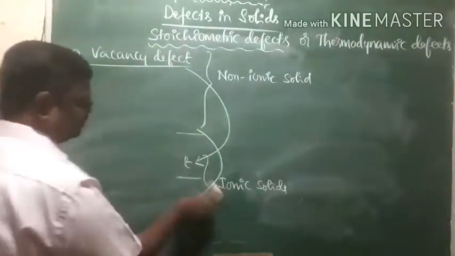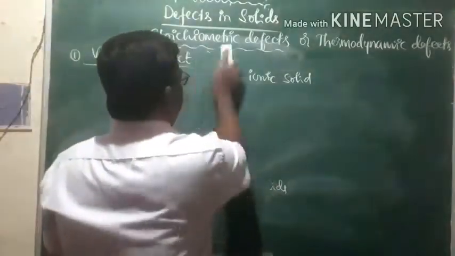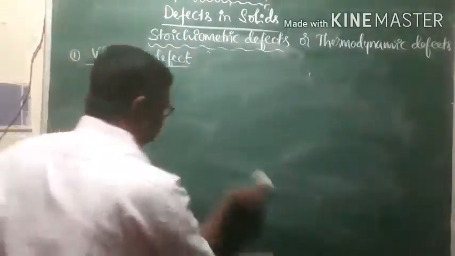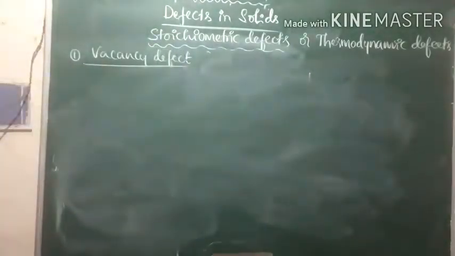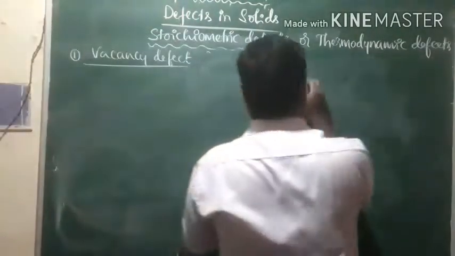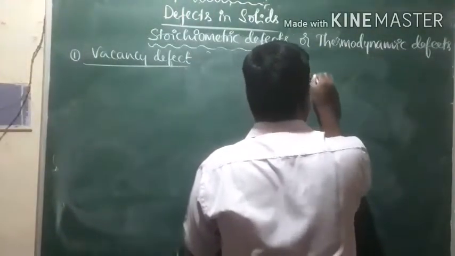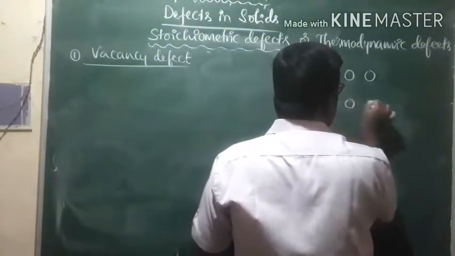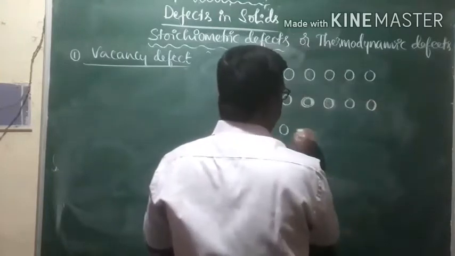Very simple. Vacancy means empty space in a crystal lattice. Imagine one crystalline solid, with a perfectly ordered arrangement of the particles.